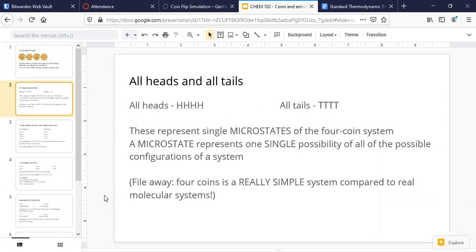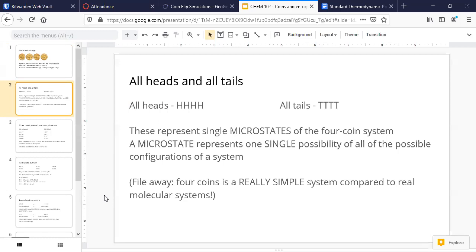So, the ordered states, all heads or all tails. Now, it's very common when we do probability stuff to associate the head state with H and the tail state with T, and to declare that there is a state, H, H, H, H, that is the ordered all head state, and there is a state, T, T, T, T, that's all tails.